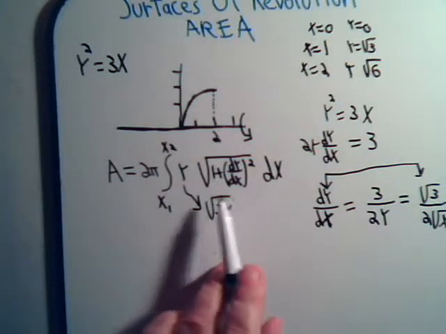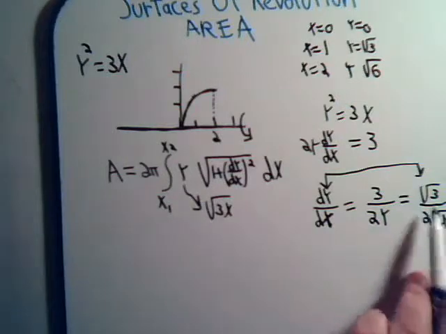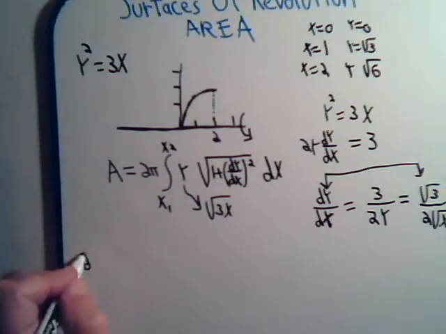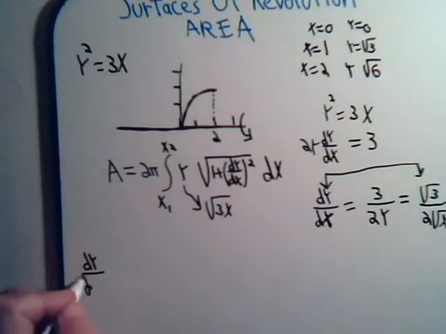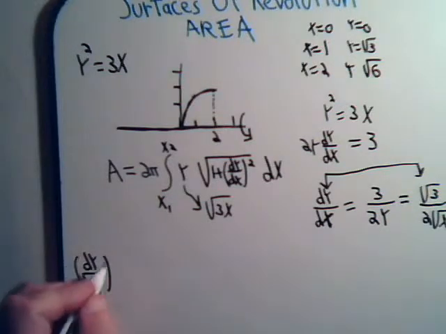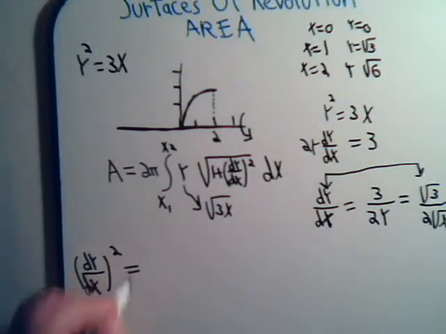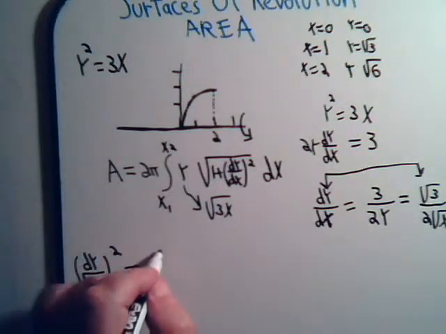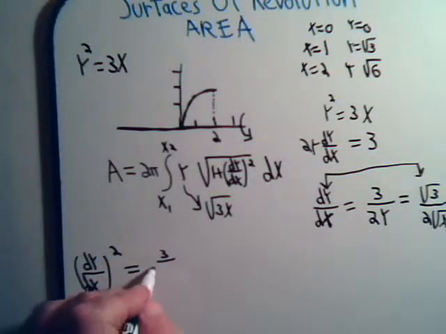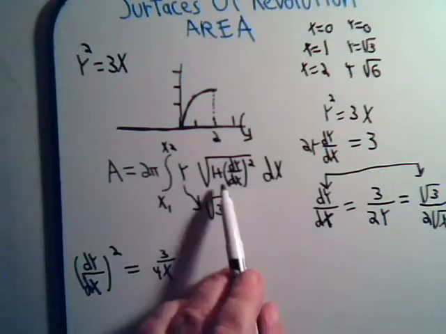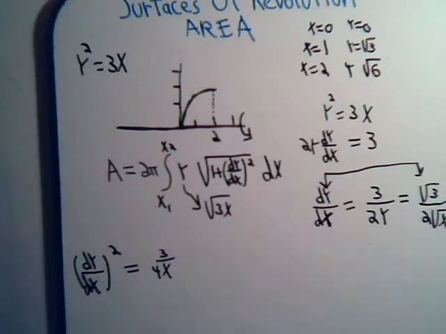For the integral, we want to square this and add 1 to it. So let's square it first. dy dx squared will equal 3 divided by 4 times x. And we have 1 plus that under a square root sign.